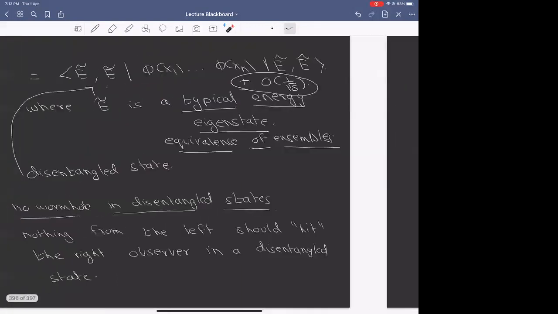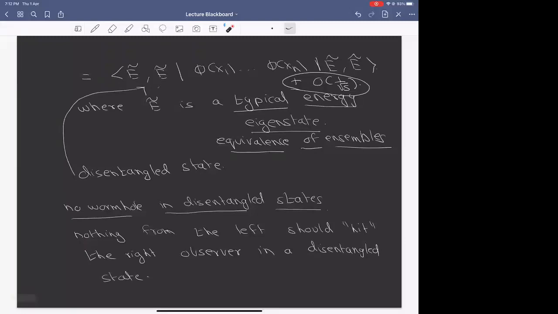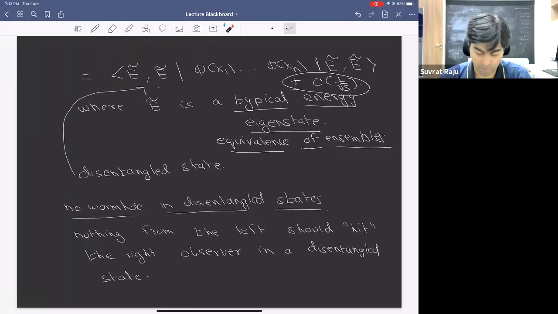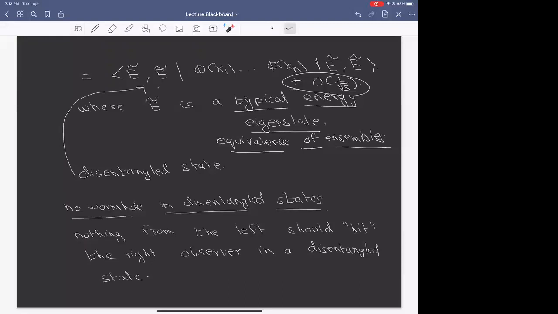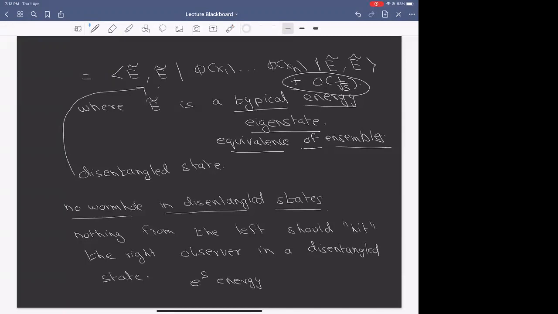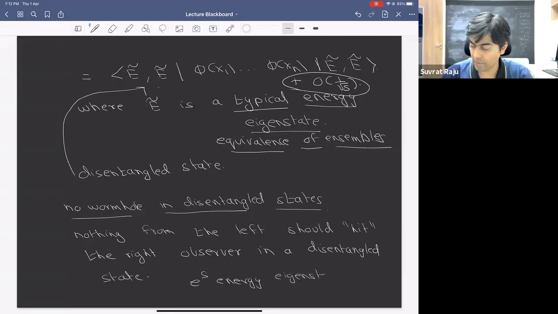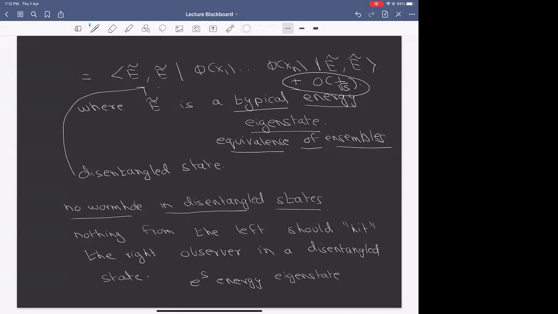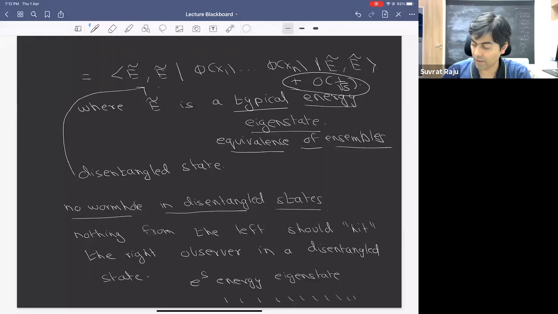Sorry, can you just clarify what you mean by typical? You mean since it's not suppressed in the sum, I guess it must be a low energy eigenstate. No, it's a high energy eigenstate. It's always high energy, meaning the energy of the black hole. But the point is there are e to the S energy eigenstates, and many of them behave very similarly. If you take the expectation value of an operator in one of these energy eigenstates, it's the same as in this one.